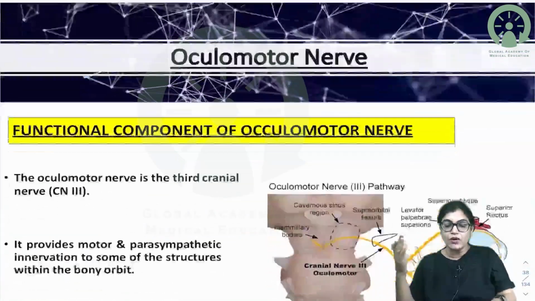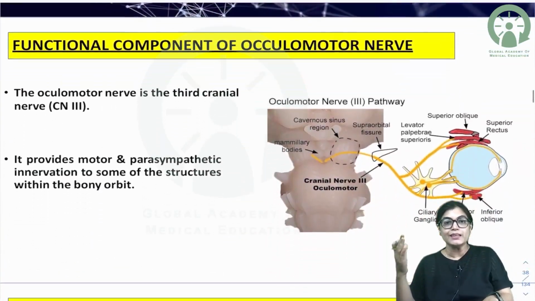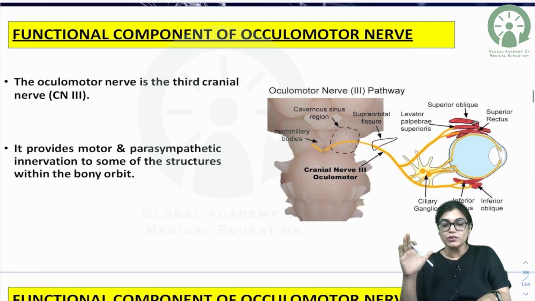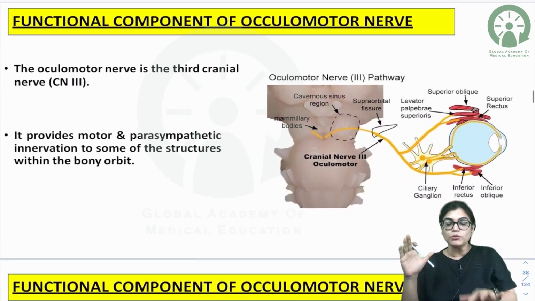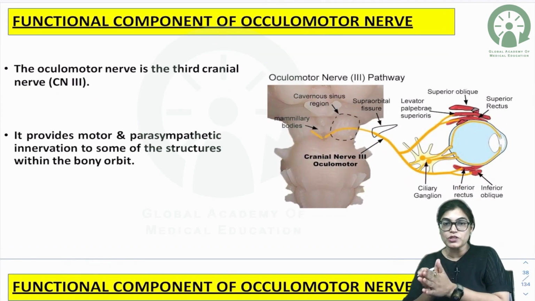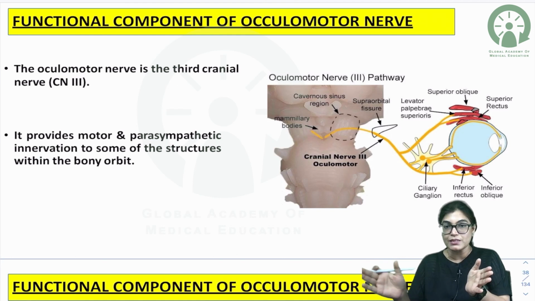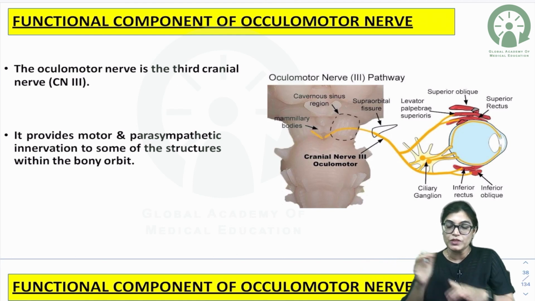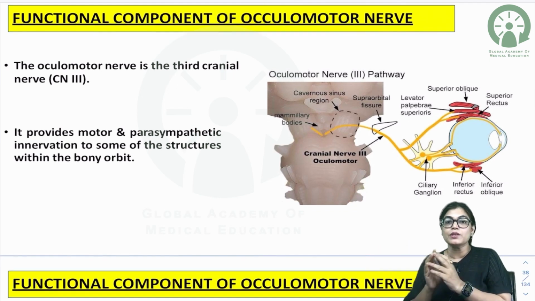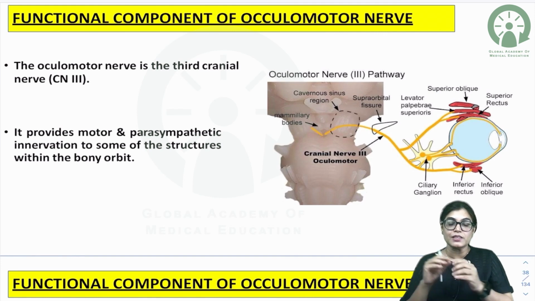Now talking about the oculomotor nerve, as I have already given a brief account. It is the third cranial nerve, and its major function is to innervate all the extraocular muscles except the two we talked about: the lateral rectus and superior oblique.